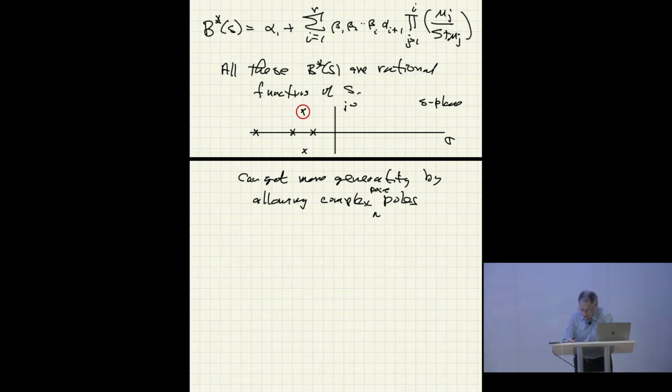And you can still write down the equations. By allowing that, you get complete generality.